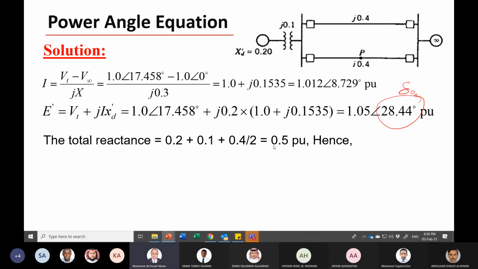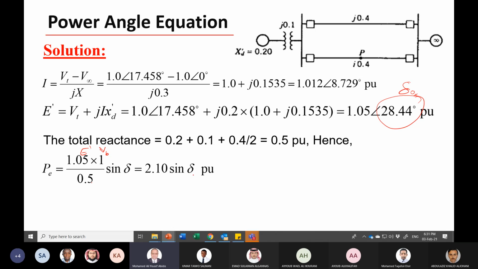So this is the initial, the steady state angle here. The total reactance equals this at steady state. We can write the power transfer as equal to E prime, which is 1.05, times the infinite bus voltage, this is the V bus, over the transfer reactance, times sine delta.